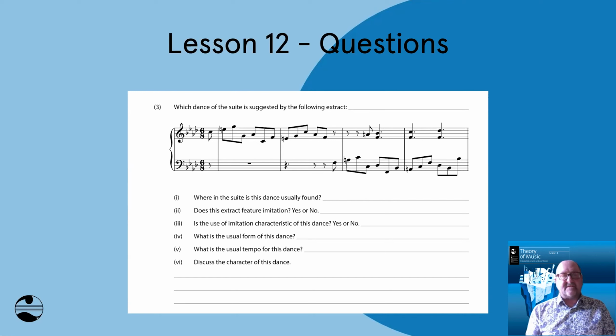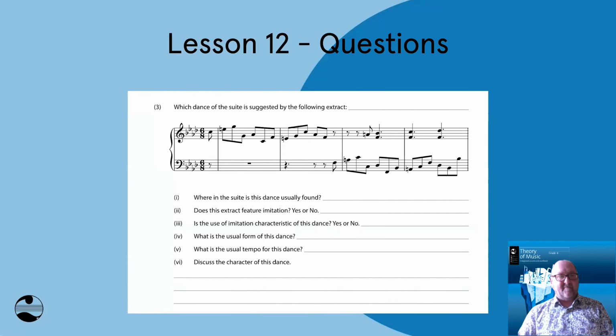For example, for the saraband, you could say highly ornamented, accented on the second beats. These are aspects of character that we expect. Some students learn these by rote and put all the information down for character, but no, we actually need specifics, and basically anything that's not form or time is character. That's all I'm going to say.